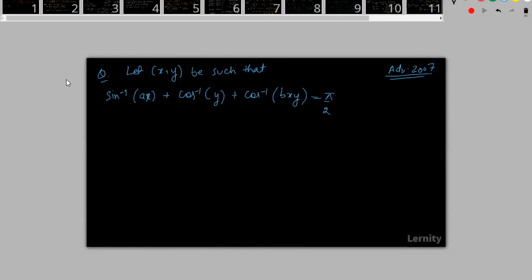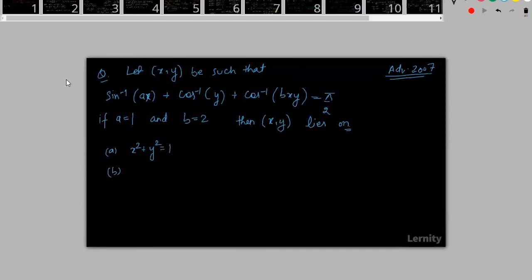So if a is equals to 1 and b is equals to 2, then x, y lies on: option A is x square plus y square is equals to 1.